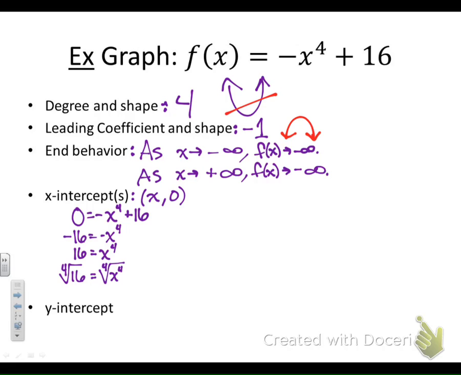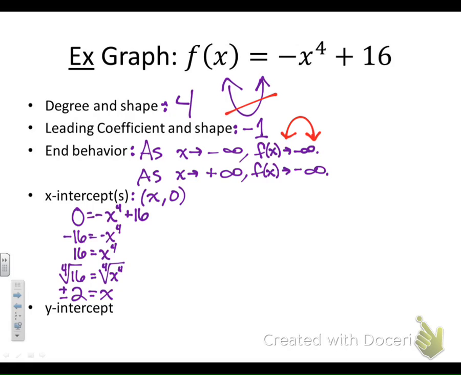Here's a special little thing, though. 2 times itself 4 times does get you 16. But so does negative 2. When you take an even root on both sides, it's where the plus or minus kind of comes into play. So in this case, not only can x be positive 2, but it's actually also negative 2.